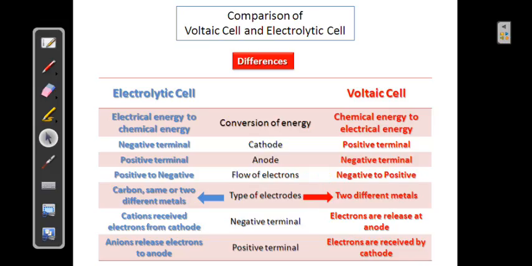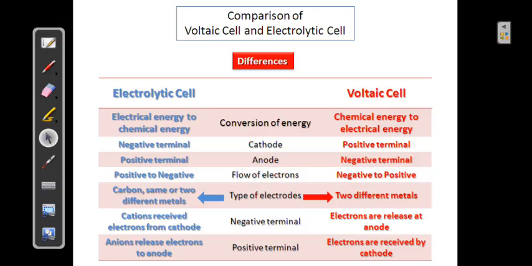But for the voltaic cell, you definitely have to use two different types of metals. Depending on what voltage you require, if you want a higher voltage, you use the zinc, magnesium combination, or if you want a lower voltage, you can use the zinc copper combination.